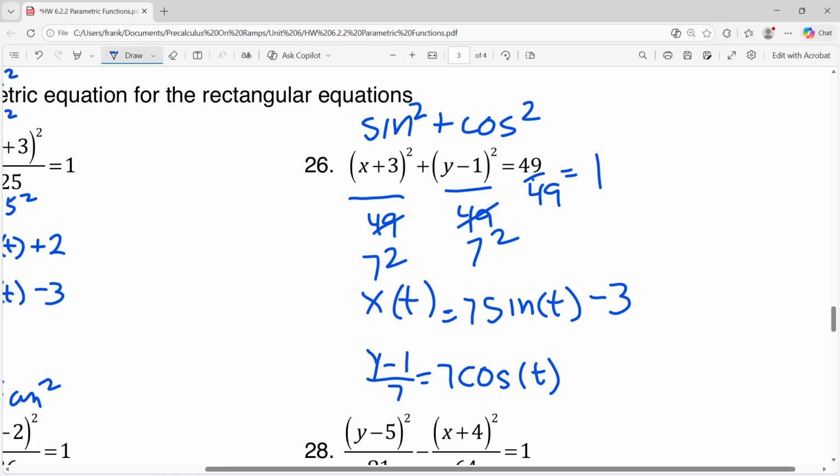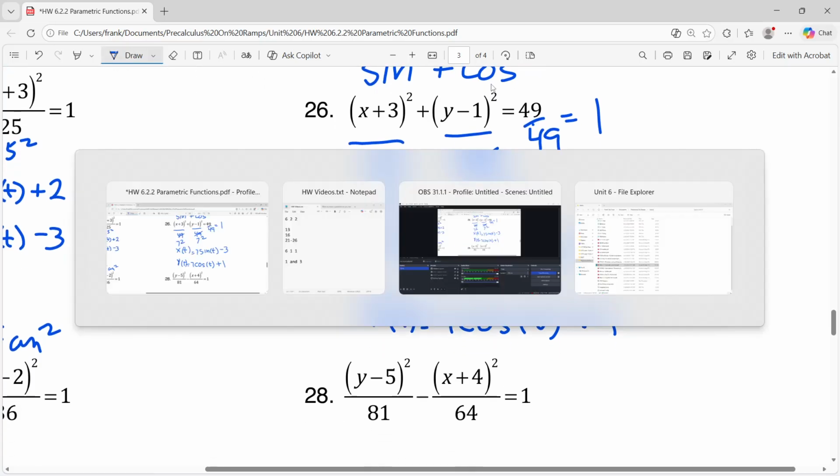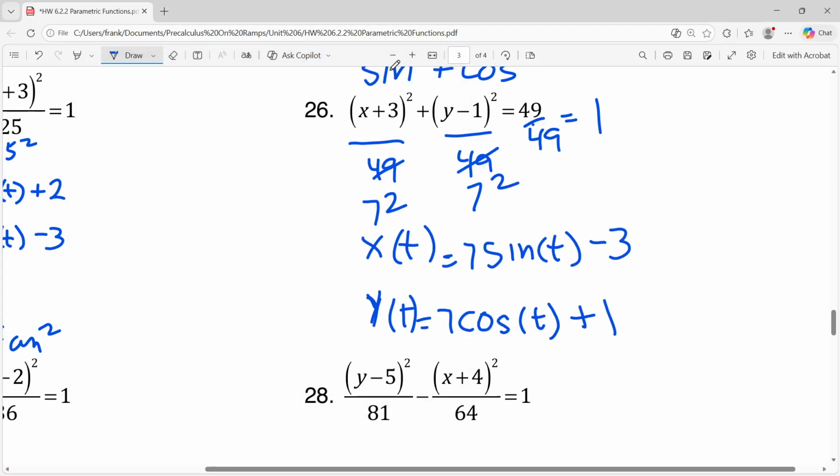I multiply by 7, add 1, and there's my answer. I could have x of t equals 7 cosine t minus 3, and y of t equals 7 sine t plus 1. Doesn't matter which way it is because they're both positive. Is that all? That's all I have to do for this worksheet.